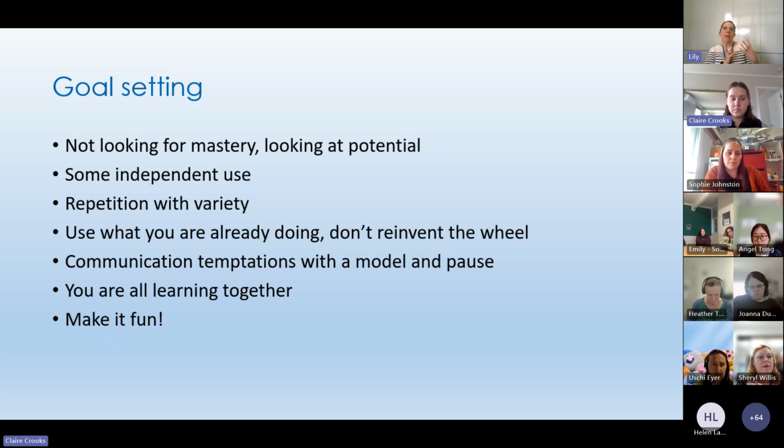So if we know they've got the concept of more and finished, can they do some activities where they're controlling things across the day in different contexts with different people, and thinking about that pausing with the communication temptations as well. And most of all, making sure that it's fun.